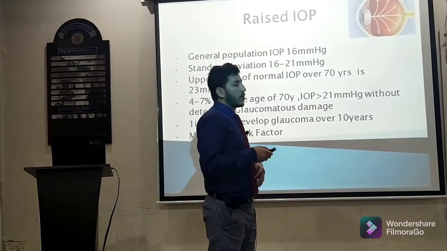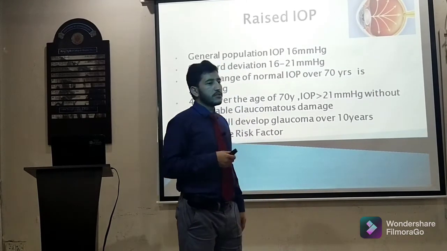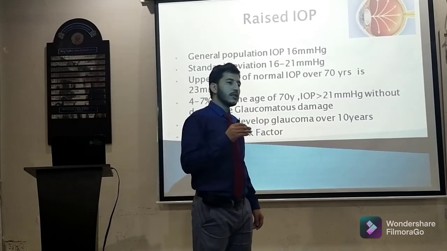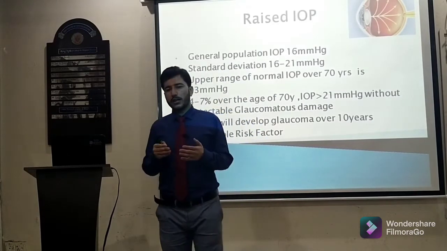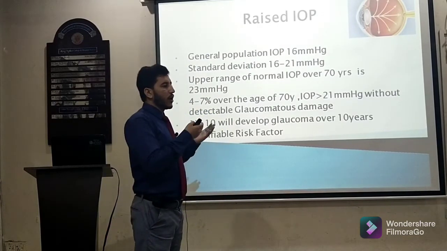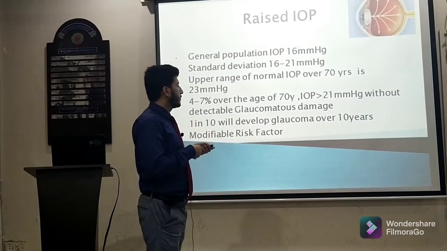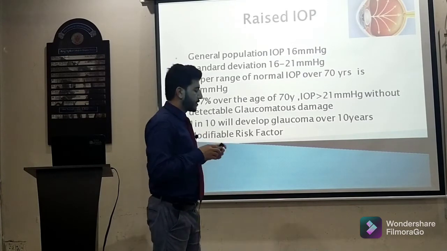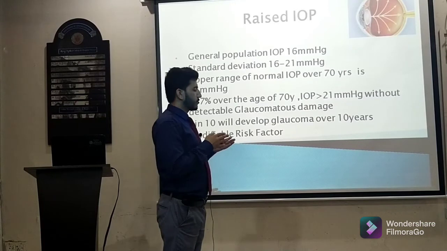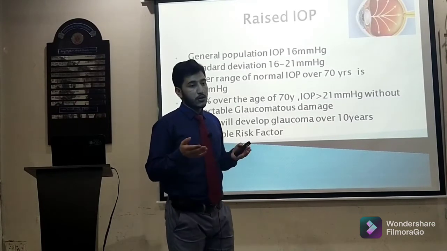The upper range of normal IOP over 70 years is 23 mm mercury. In these individuals there will be no glaucomatous damage to the eye. In 4 to 7% of people over the age of 70 years, IOP will be 21 mm mercury without any glaucomatous damage.